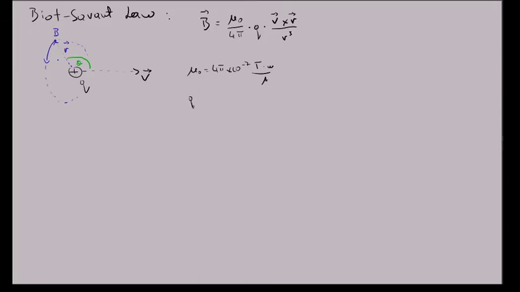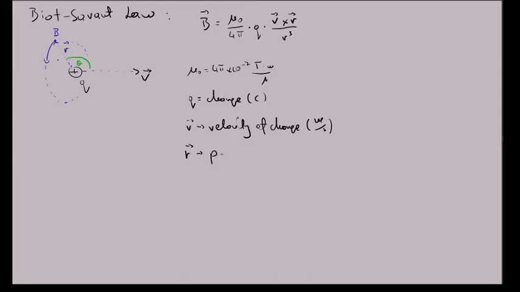Q is the charge that actually is moving, and it has units of coulombs. V is the velocity vector of the charge, and it has to have units of meters per second. R vector is the vector that points from the charge to the point of interest.